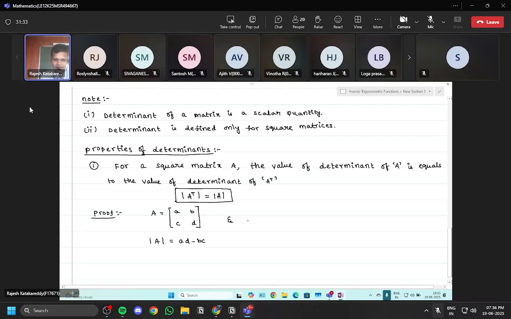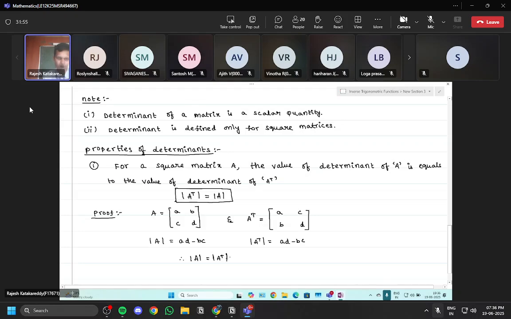Simultaneously calculating transpose of A, transpose of A is A, C, B and D. Calculating determinant of A transpose again, it is AD minus BC. Therefore, determinant of A is equal to determinant of A transpose.